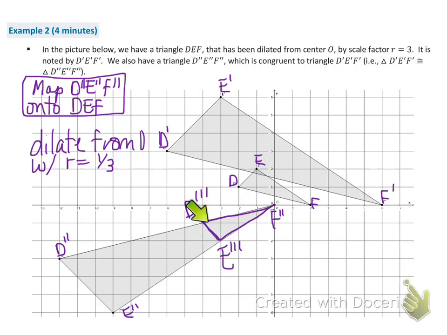So now we've done our dilation, and now we want to follow that by a congruence. So what I'm going to do is map the F triple prime to point F. And I'm going to do that by a translation. So let's think about how far we have to translate it.